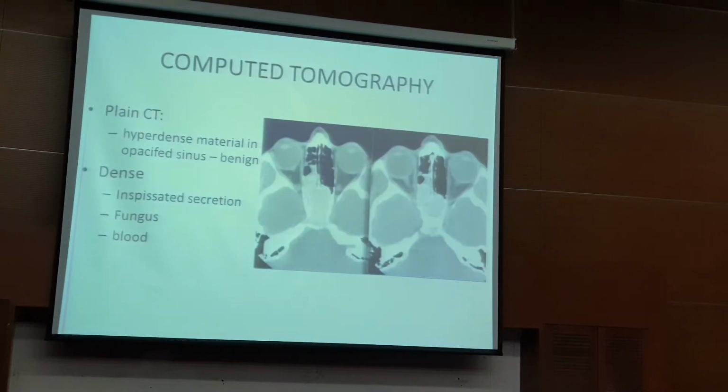Okay, now, computed tomography, plain CT. For paranasal sinus, sometimes when you see CT, we see a dense structure. If it is plain CT and it is dense, it is almost always a benign lesion. Tumors do not present with hyperdensity on plain CT. And these dense structures are caused by inspissated secretion, fungus or blood.